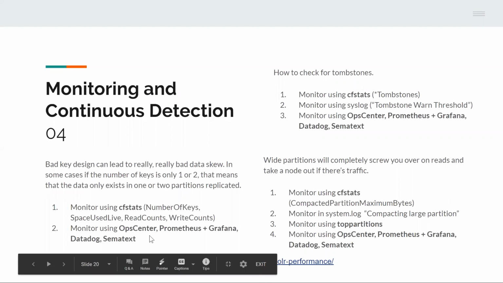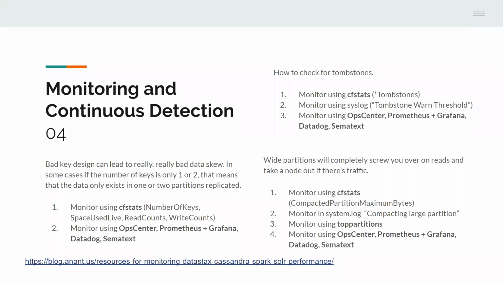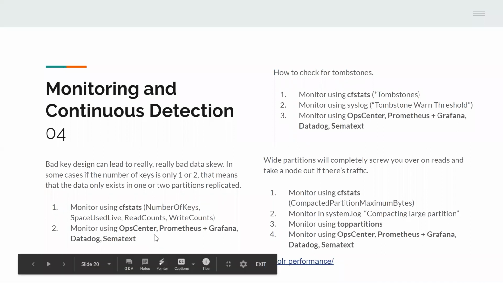Datadog, Sematext, or some third-party SaaS tools. None of them are sponsoring this or me. I'm just giving it as an alternative. Sometimes it's just easier to get something running quickly and then over time replace it with something else that's better. I feel like OpsCenter is one of the best tools out there.